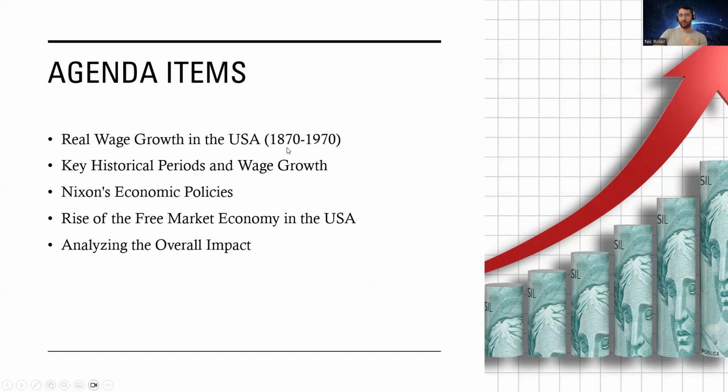From 1870 to 1970, every decade on average we saw wage growth in the United States. This was a boom period throughout the Industrial Revolution. As we moved into the depression-based era, obviously we saw massive declines, but as we came out of the depression, we saw massive increases as well.